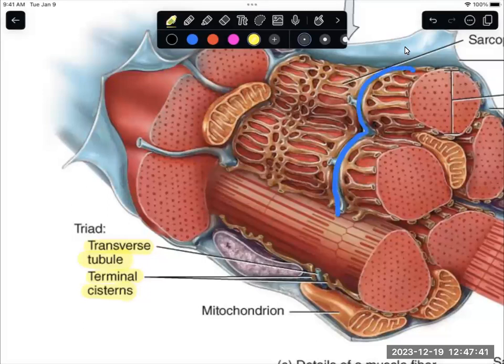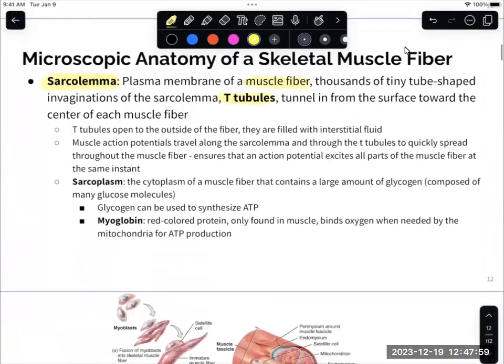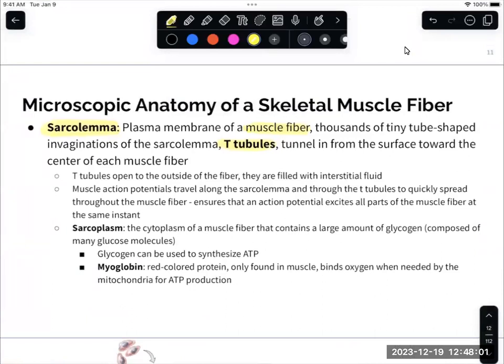These terminal cisterns are this gold that I'm coloring over in yellow, and all of these parts in between. Those are the terminal cisterns that butt up to that transverse tubule, or T-tubule.